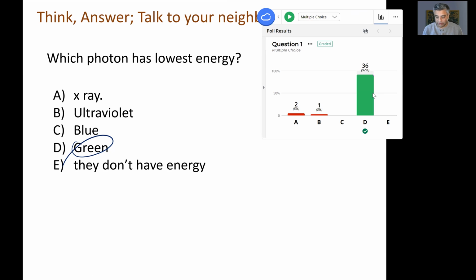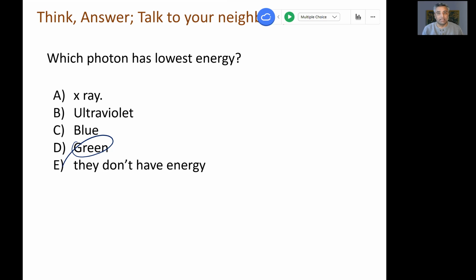And that's what most of you chose, right? So frequency and wavelength are inversely related.